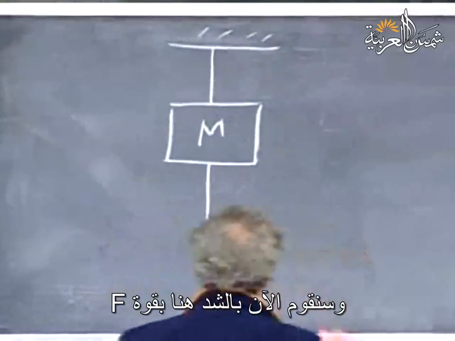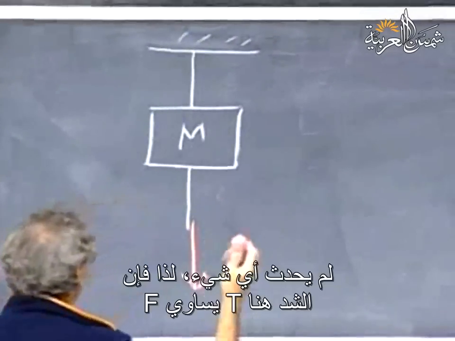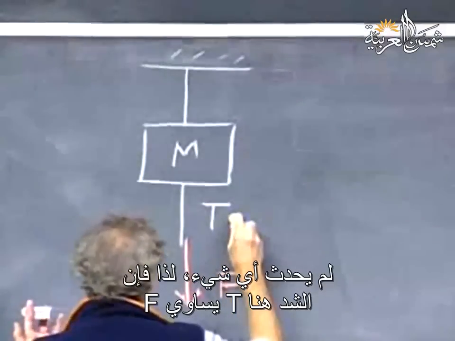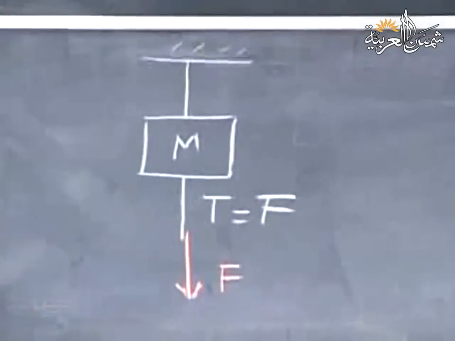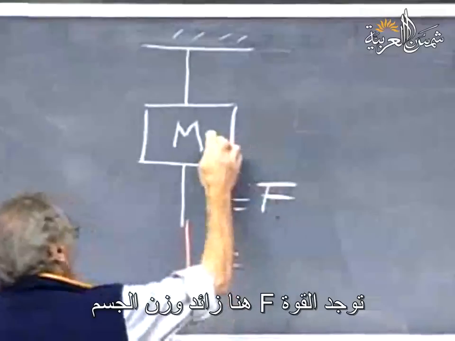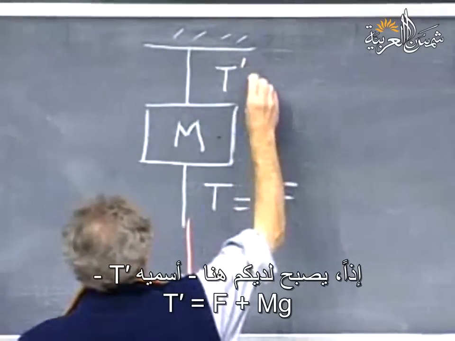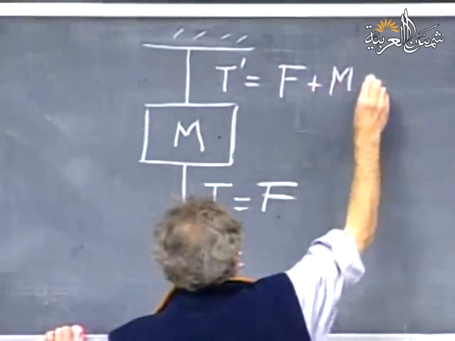And we're going to pull on this here with force F. Nothing was happening, so the tension here, T, is F. Here, there is both the force F plus the weight of the object. So here you have, call it T prime, equals F plus mg.